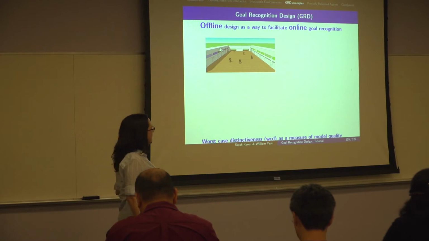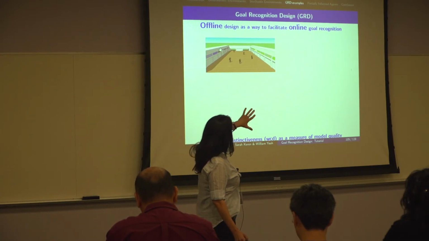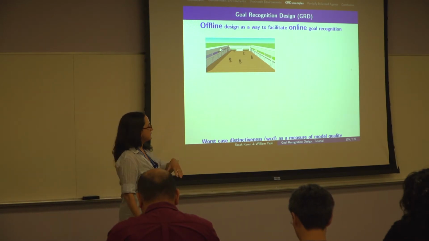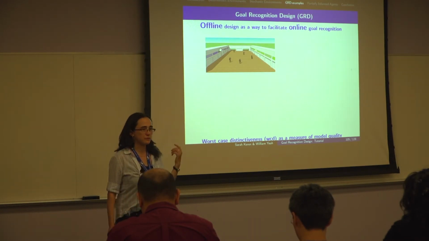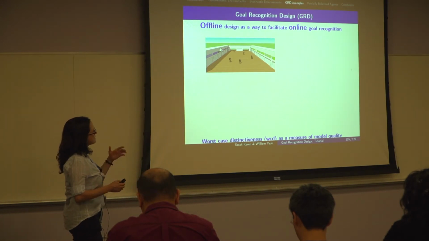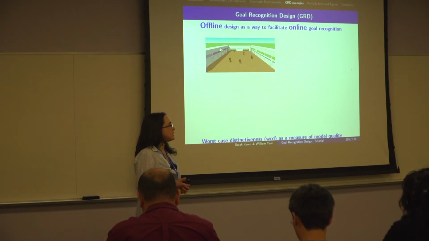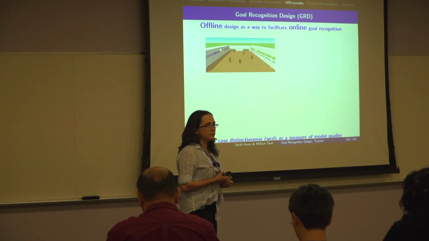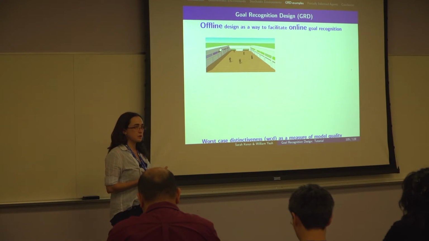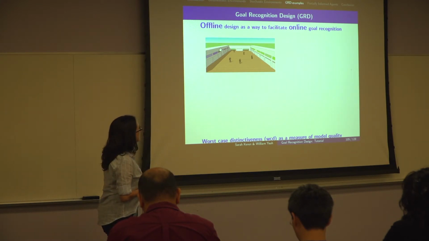I wanted to take advantage of the fact that we have this time to go back to the example, make sure that it was clear, and review this example via the concepts that William and I have discussed, and show you an extra example, just to make sure we all understand that this framework is generic and is meant to support different planning models. And then I'm going to discuss a recent extension of GRD to partially informed agents. So how do we account for the fact that agents may not be perfectly informed?